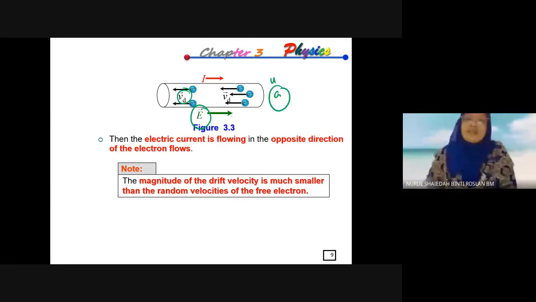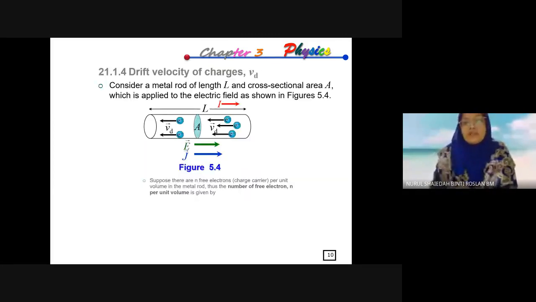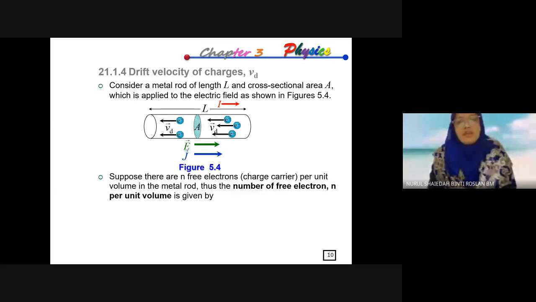So this we call drift. The drift velocity is in the direction opposite to the current. So the current and E go from positive to negative, while the electrons go from negative to positive. It is opposite. The magnitude of drift velocity is much smaller than the random velocity of free electrons. Okay, so this is drift velocity.